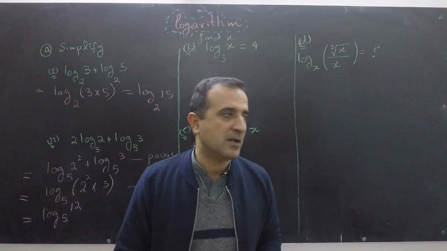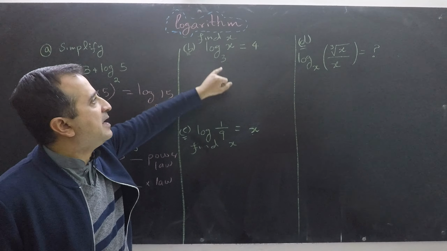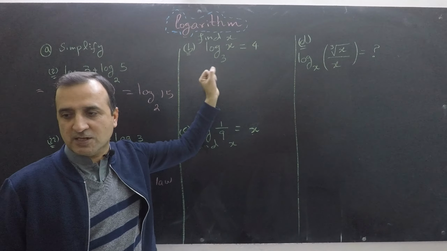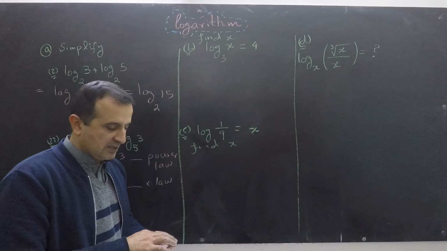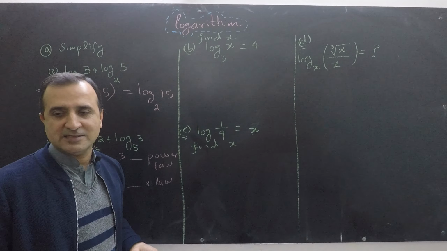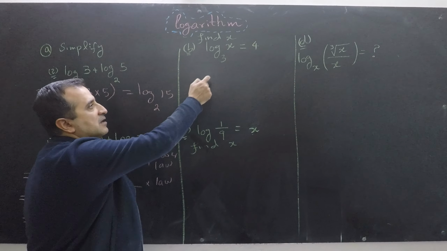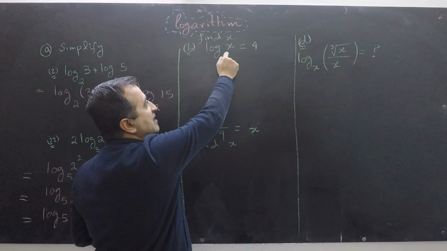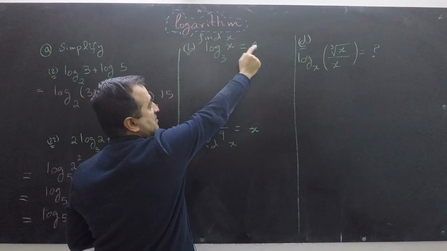Now let's continue and do the next question. In this question I have to find x, so I can simply write it in terms of exponentials and I can find the value of x. Can you help me writing it in terms of exponential? It says what power on 3 will give me x, that is 4.